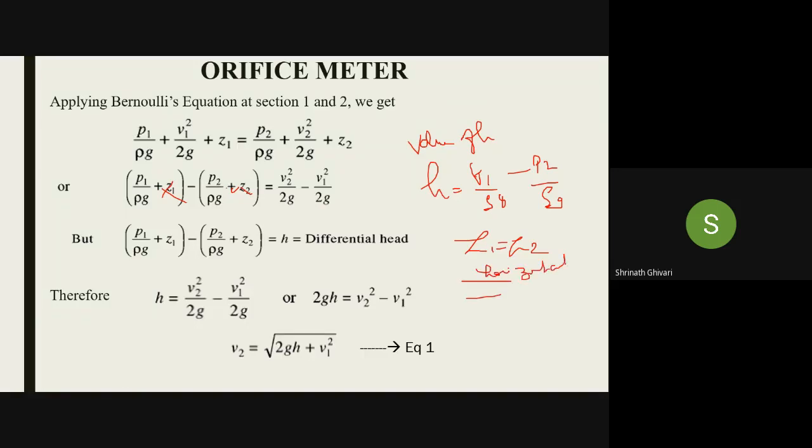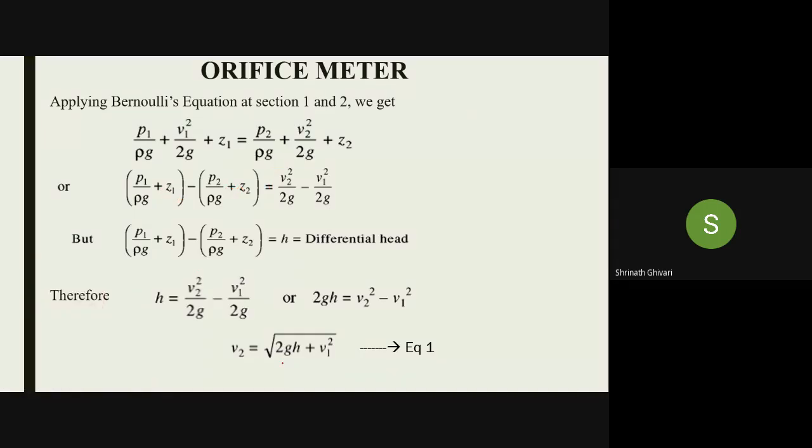That's why it will be P1 by rho g minus P2 by rho g. So this will be H. That H will be equal to V2 square by 2g minus V1 square by 2g. This is the equation 1.